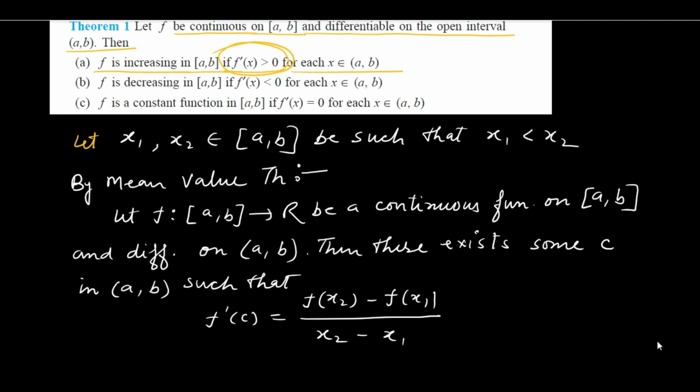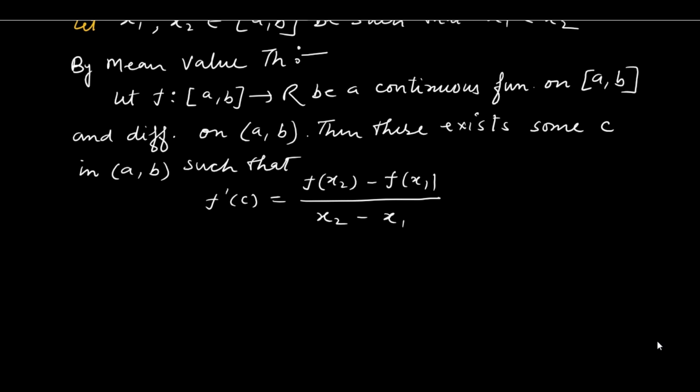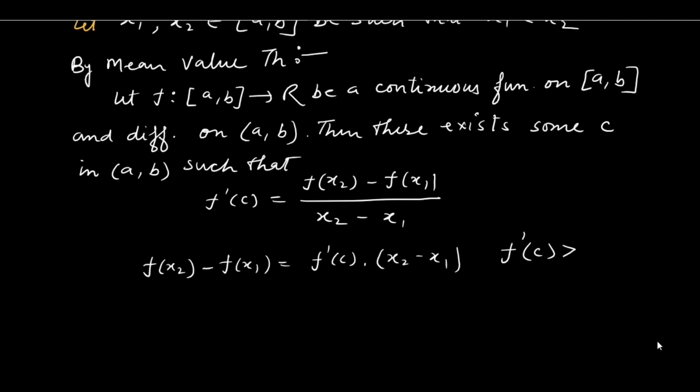Now solve this. We can write it as f(x2) minus f(x1) is equal to f'(c) into (x2 minus x1), and f'(c) is greater than 0. This is the given condition.